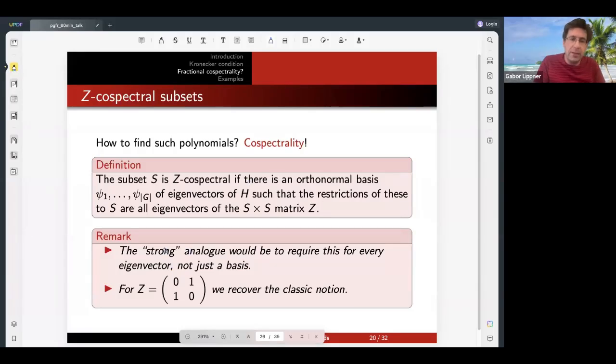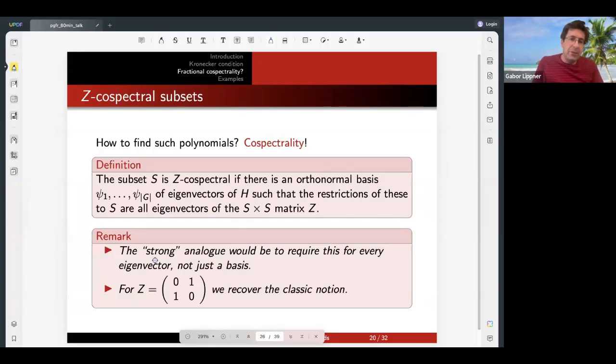Strongness would assume something extra: not just an orthonormal basis, but any eigenvector of H. That's a subtle point. It only matters when H has eigenvalue multiplicity, in which case there is a difference between an orthonormal basis and all eigenvectors. Here we only need an orthonormal basis that restricts nicely.